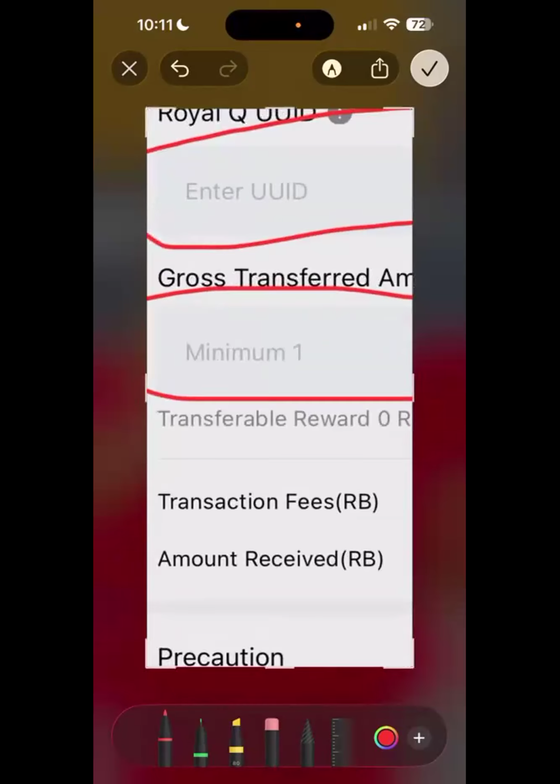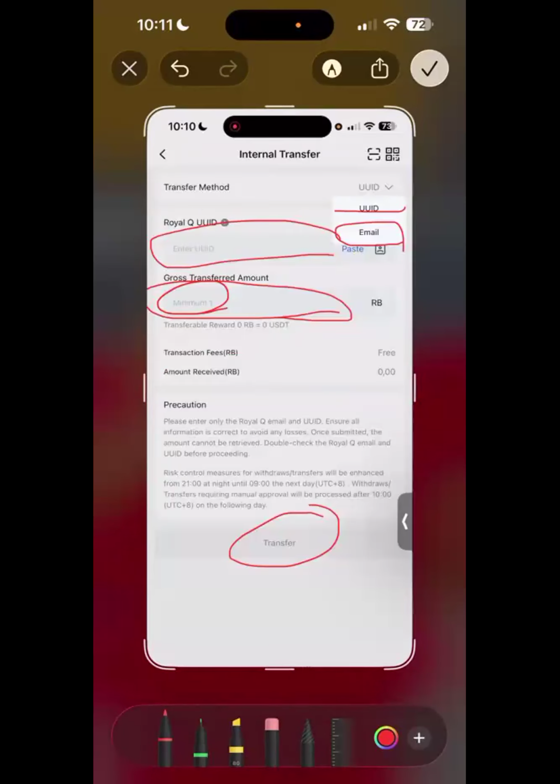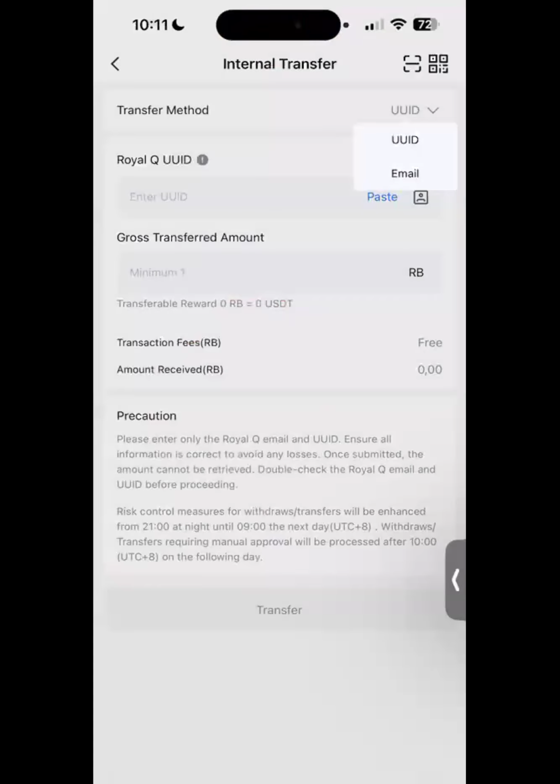Now, the minimum you can transfer under the internal transfer is 1. At first it was 10, then they moved it to 5, and now 1. So with internal transfer, you can even transfer 1 USDT to someone. Let's say you have a new member coming on board, the person is really struggling, and at least they managed to get 129 USDT.